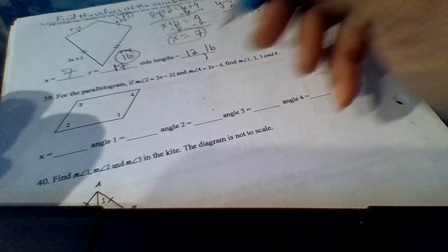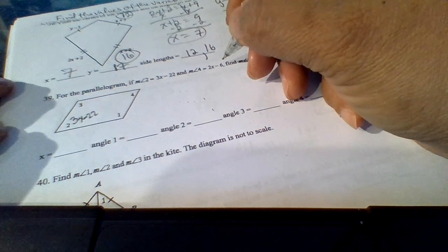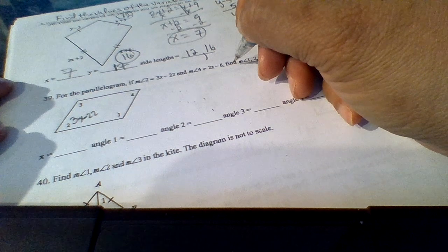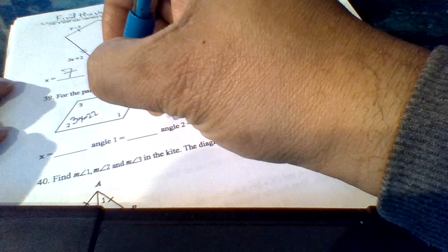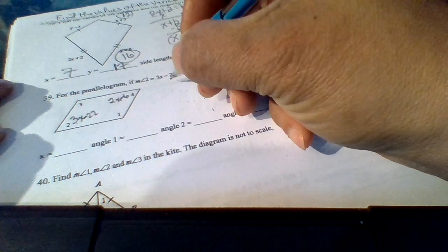For the parallelogram, if angle 2 is equal to 3x minus 22, and angle 4 is equal to 2x minus 6. Alrighty, because this is a parallelogram, opposite angles are equal to one another.